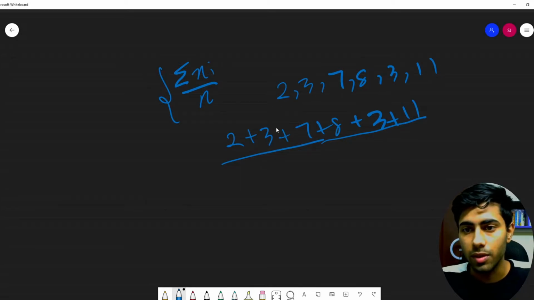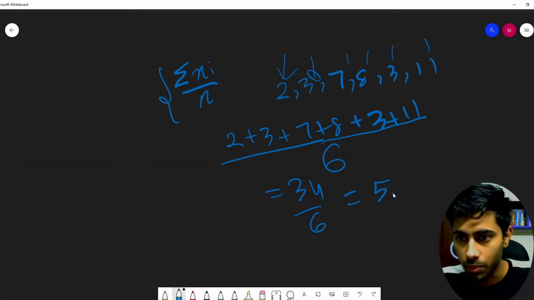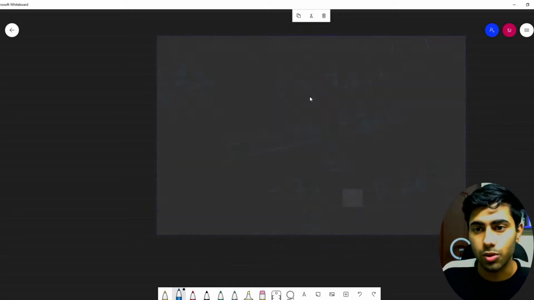Here the number of observations is 6, that is 1, 2, 3, 4, 5, 6. Calculating this I get 34 by 6, which is equal to 5.667 approximately. Okay, now let us move towards question number 2.